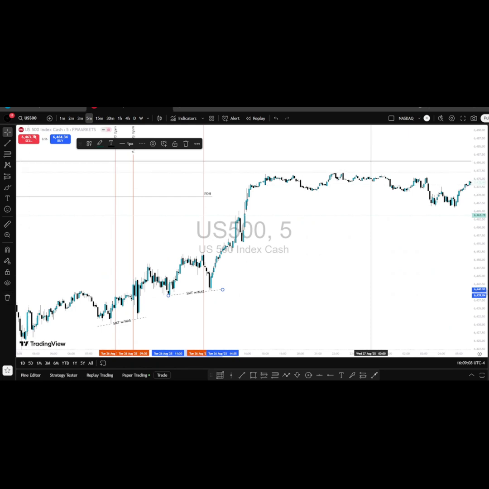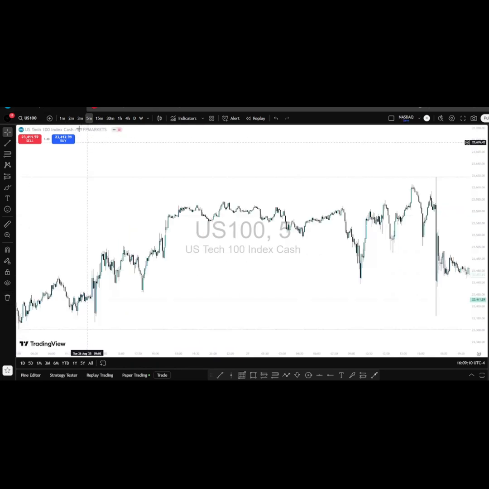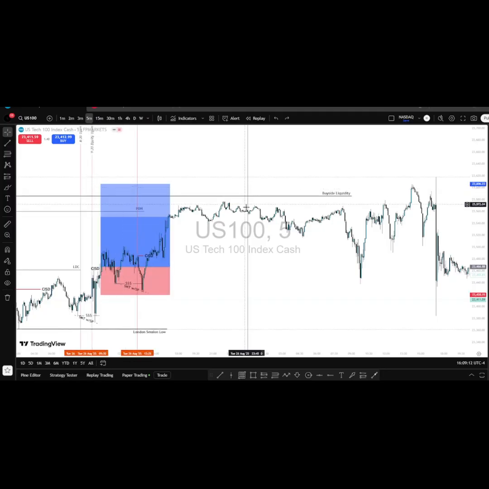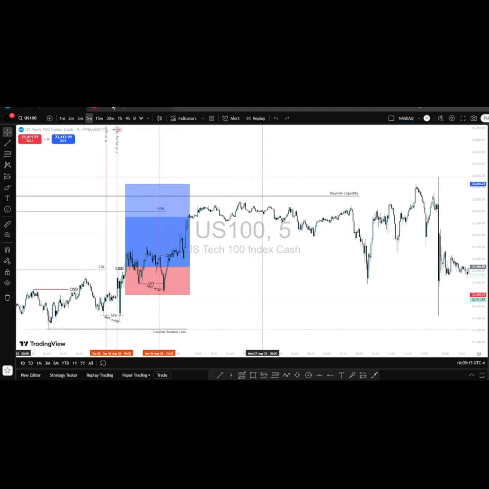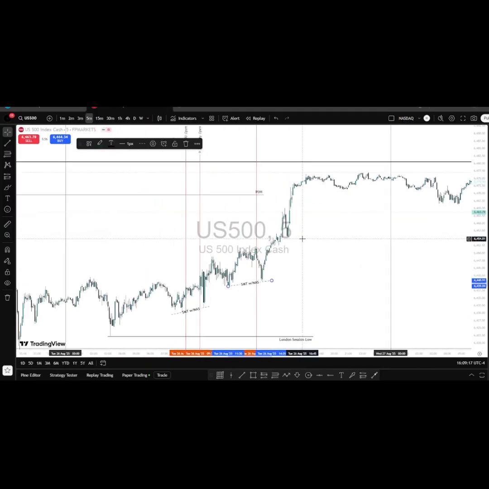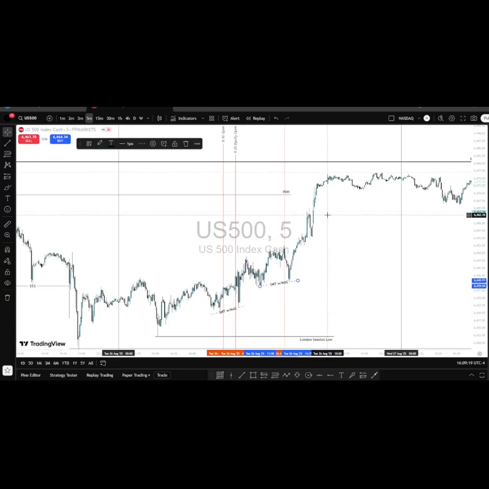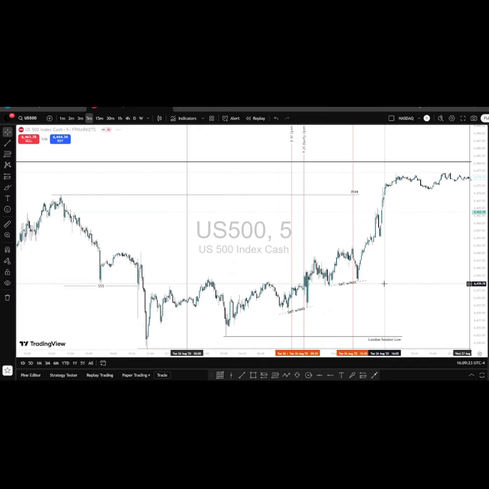Another reason that I closed 90% of my entries is because on US 500, I told you when we started, this trade was supposed to be taken on the weaker pair or the stronger pair in terms of bullishness, which was US 500.